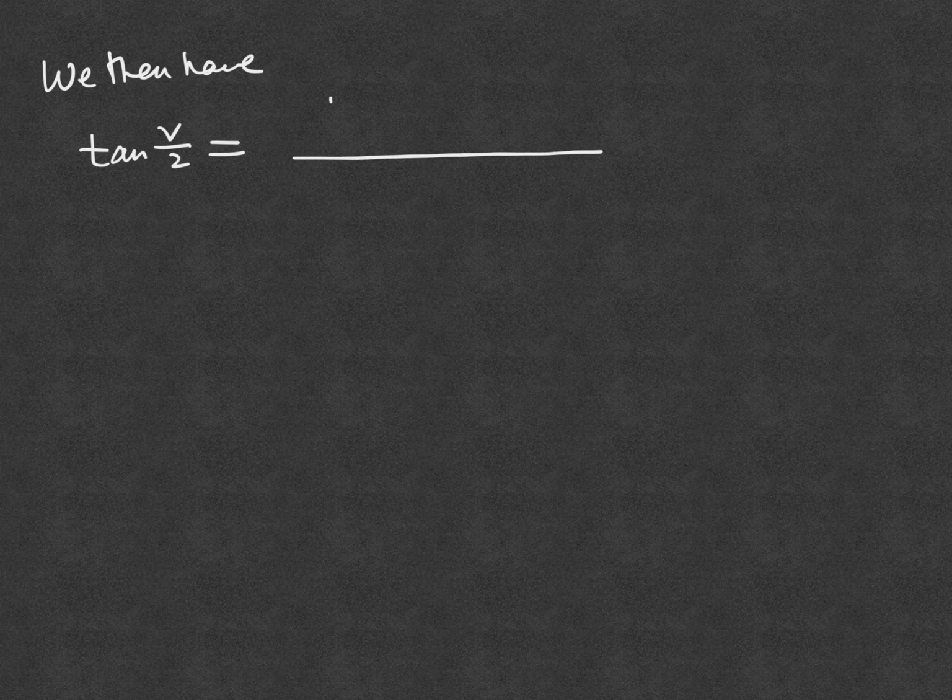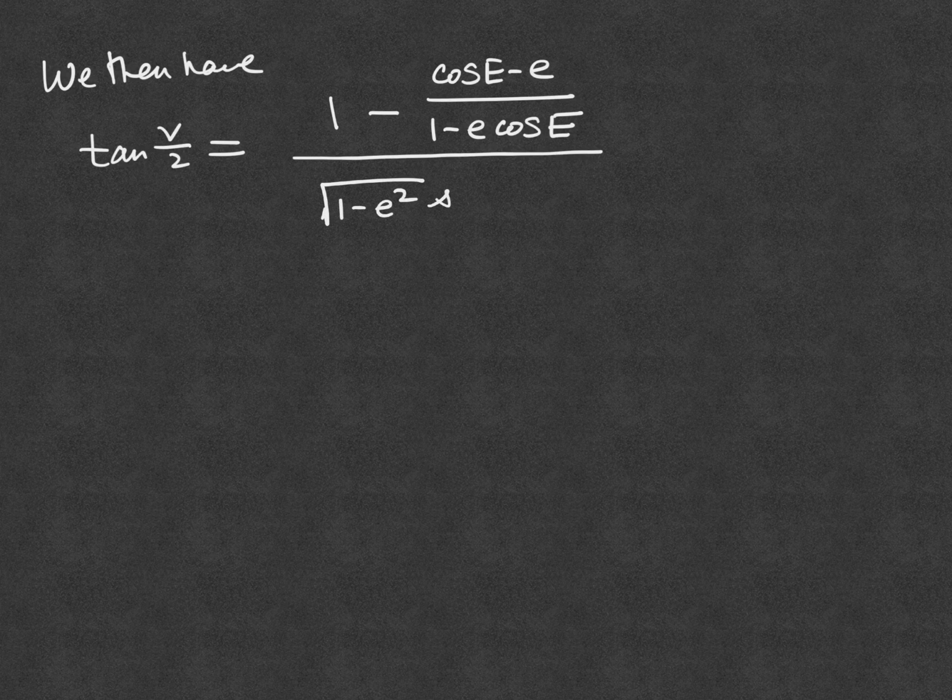We then have that the tangent of nu over 2 is equal to, in the numerator, 1 minus cosine big E minus little e, all divided by 1 minus little e cosine E. And in the denominator, I have the square root of 1 minus e squared times the sine of E, all divided by 1 minus e cosine of E.